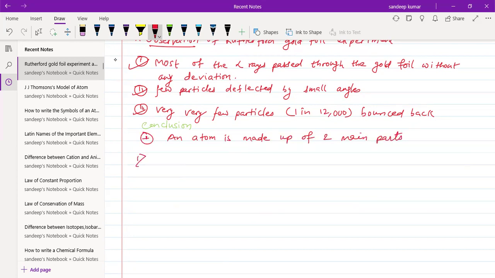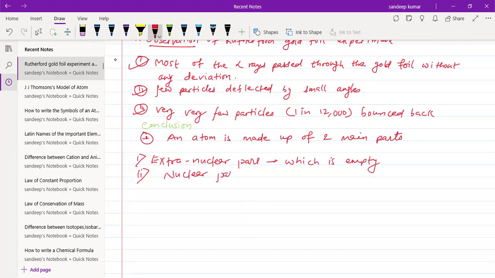The first part is the extra nuclear part, which is generally empty. The second part is the nuclear part, the part of the atom which is positive. Is it clear? So you can write the two conclusions.